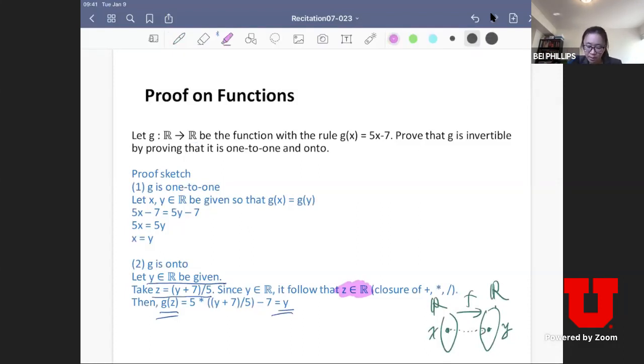So in this case, I'm using the variable z. So how do I do that? I have y equal to 5z minus 7, then z is equal to (y plus 7) over 5. That's how I find it.